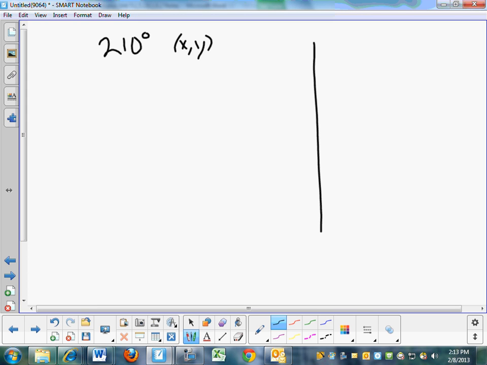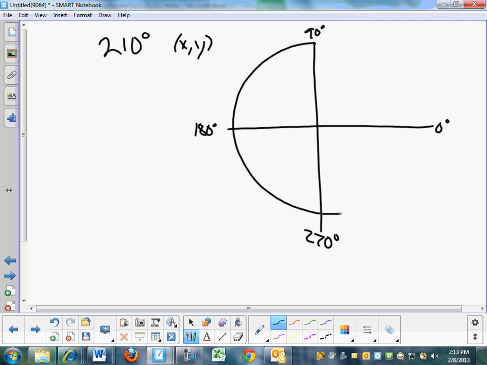If I draw my coordinate plane and I have 0 degrees, 90 degrees, 180 degrees, and 270 degrees, if I draw 210, how many degrees past 180 am I? 30.